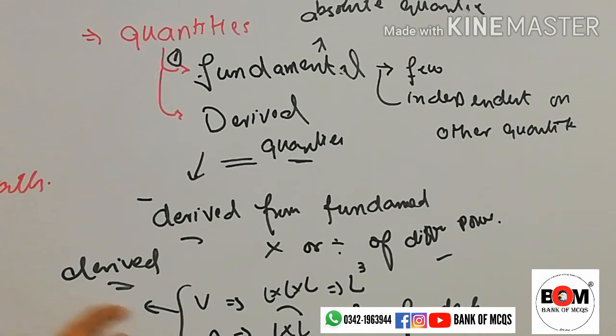So the volume and area are expressed in terms of length with the power of 3 and with the power of 2. So these were the two types of quantities, fundamental and derived.